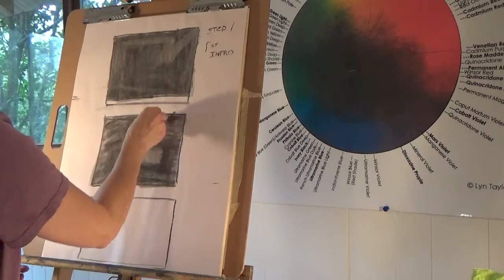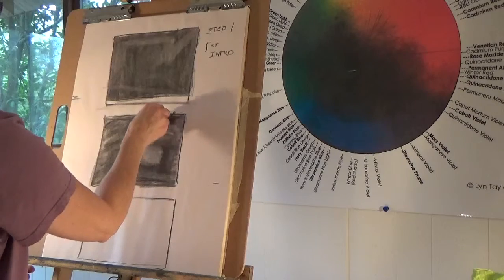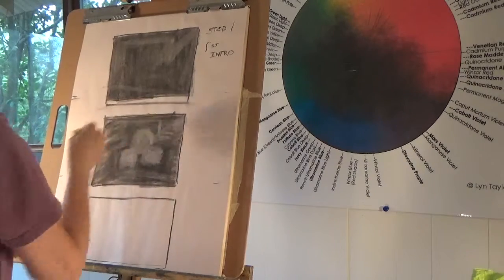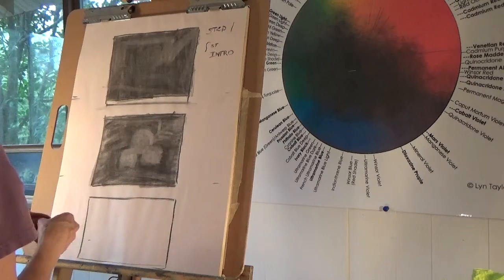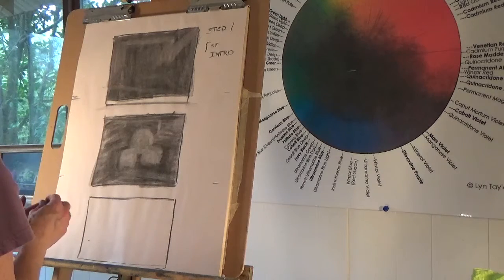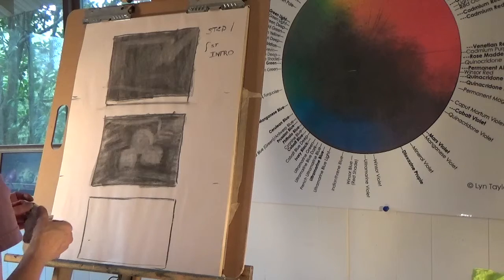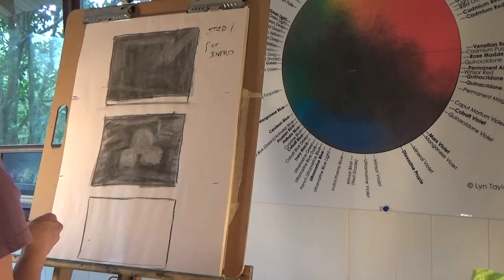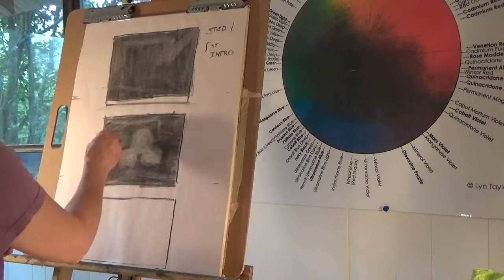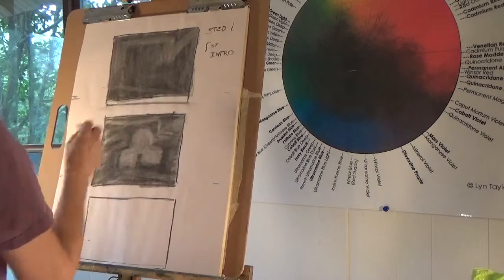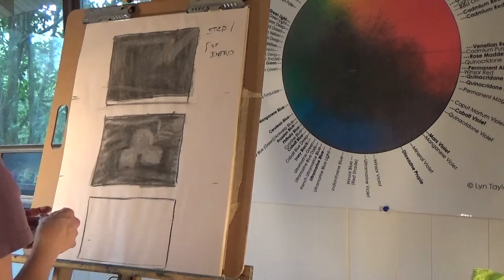We know our light's coming from the top right. So your fruit will have definite shadows and light on them. And it's amazing how much of that you can show in these little exercises. Change your paper often if it gets too dirty.